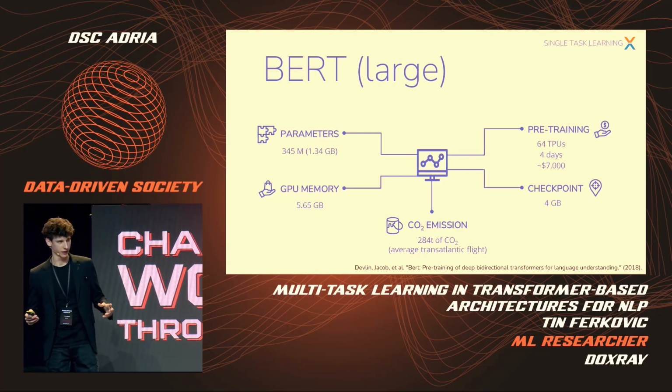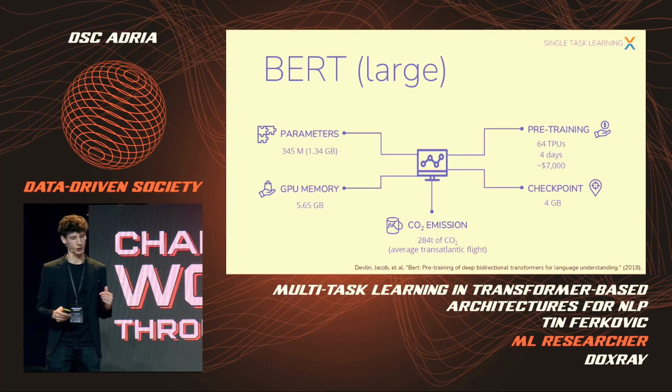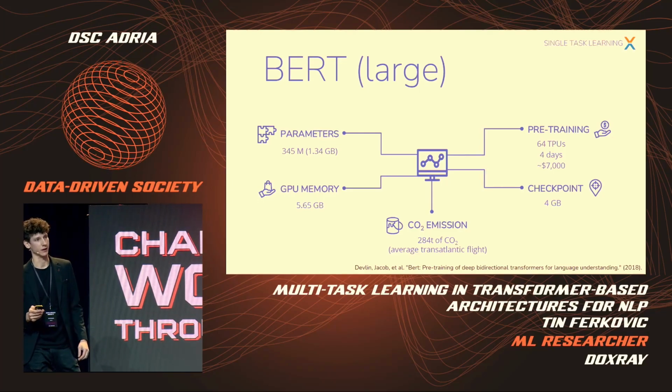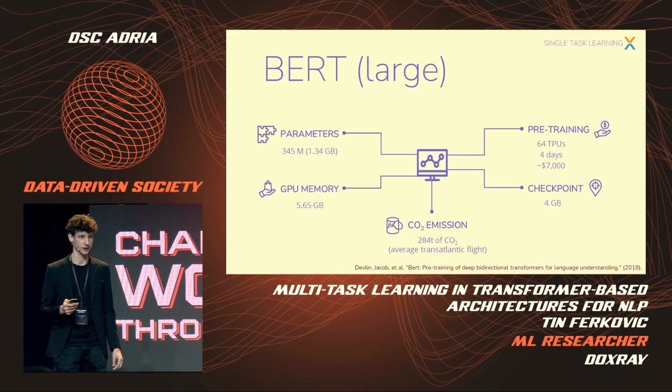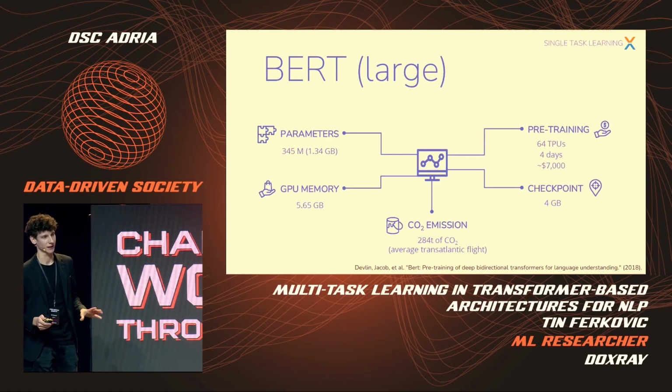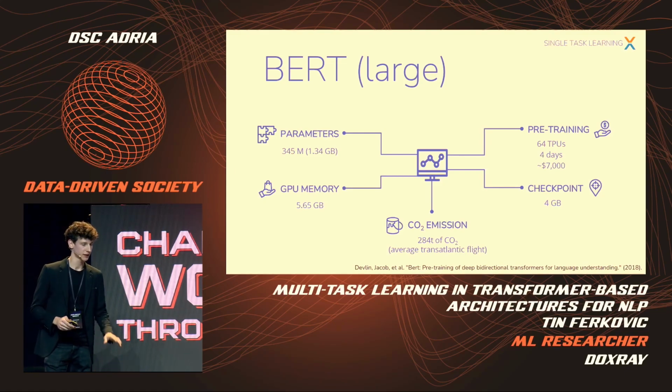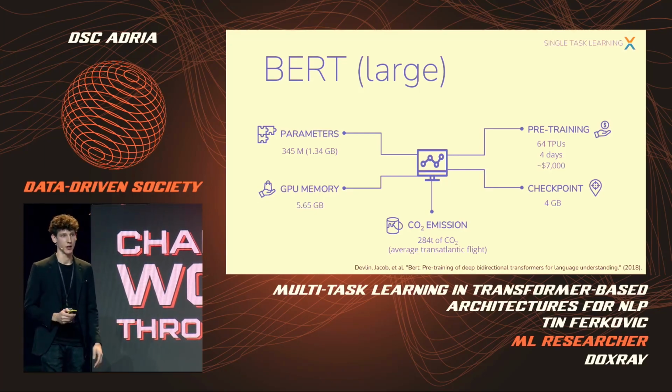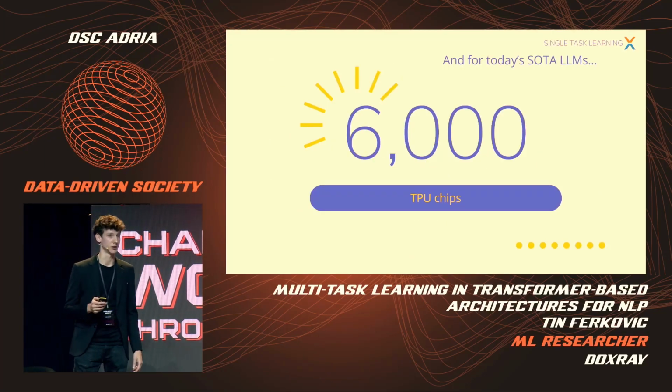Just to get the feel of the scale, this is not something you would do, but for the pre-training, it was done with 64 TPUs for 4 days on an estimated cost of $7,000 US. And the CO2 emission, that's something people nowadays like to hear, it's like an average transatlantic flight. But this is today considered to be a small model. Today's generative models go up to 6,000 TPUs instead of 64.